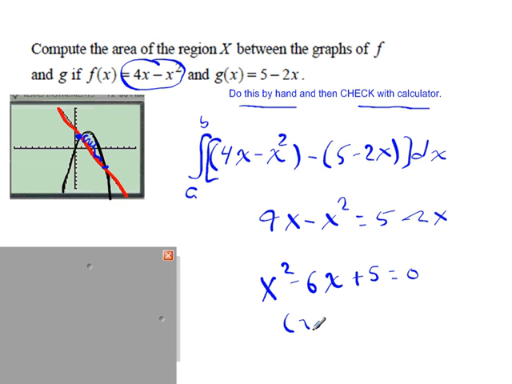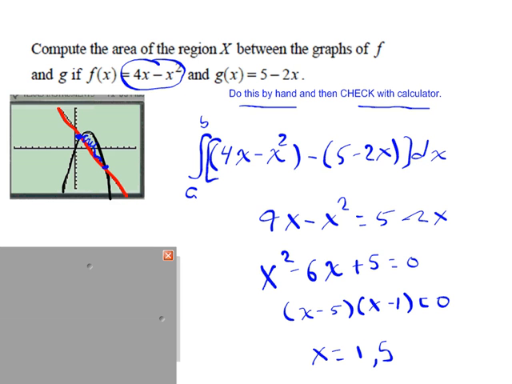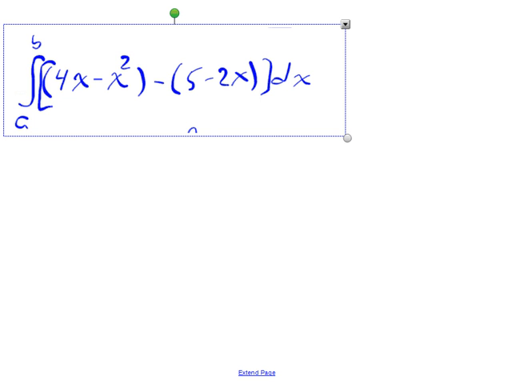And factoring that, we see that my limits of integration are 1 and 5, because that's where they intersect. So here's x equals 1, here's x equals 5. So let's do the solution to this on the next page where we have a little bit more room.